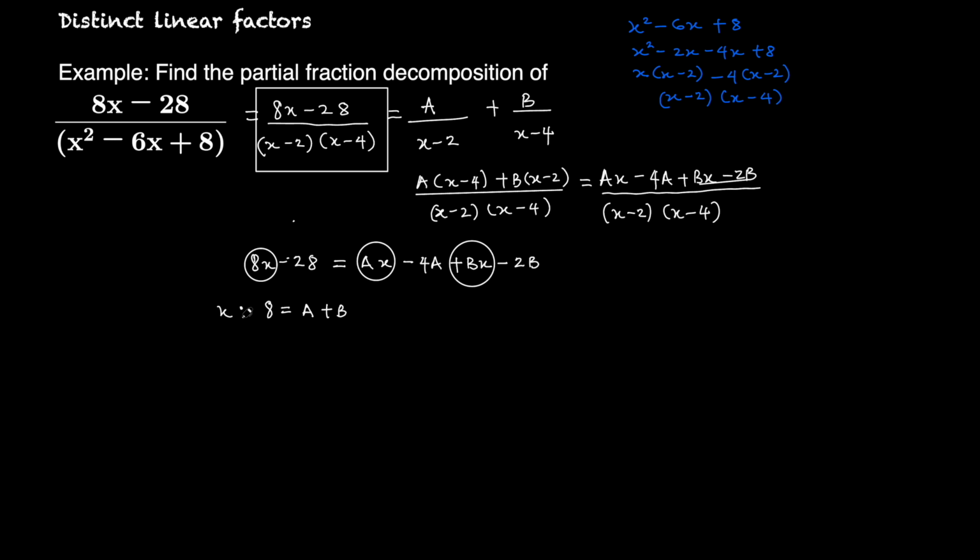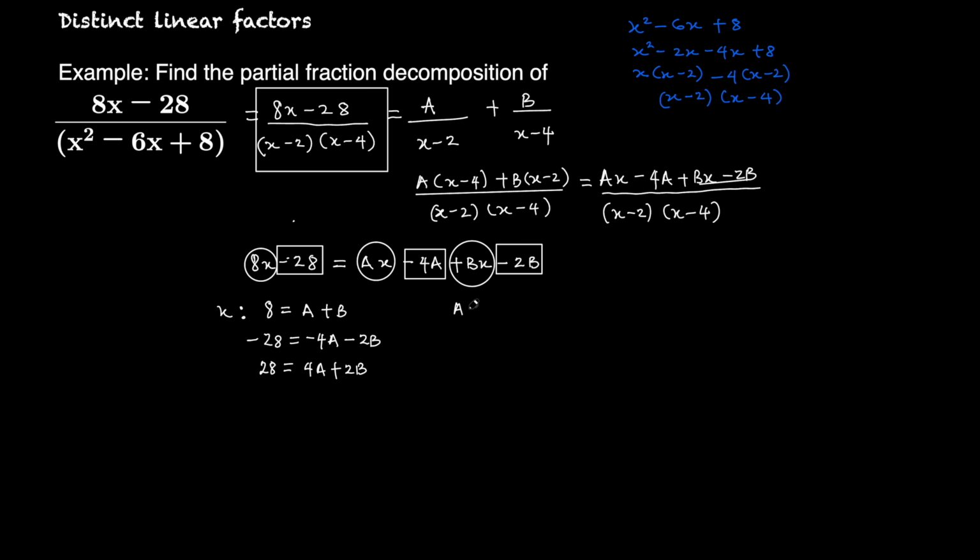That's like the x family. And the second part, which is the constants, which is the negative 28 that we have here. So we have negative 28 equals negative 4a and negative 2b. So we can multiply through by negative in the second equation, so that we have 28 equals 4a plus 2b.